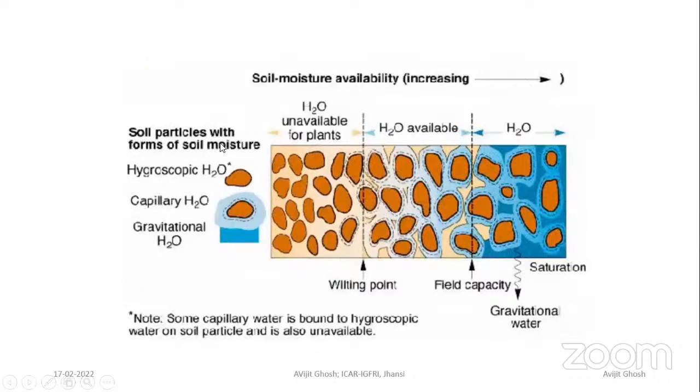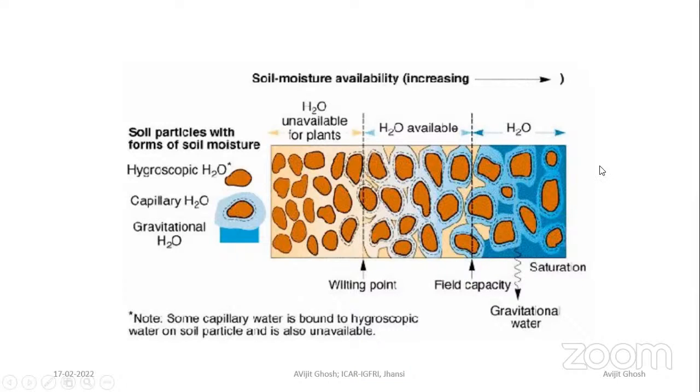Now, the concept of soil moisture availability: it increases as the soil water content increases from hygroscopic point to the field capacity, beyond which again the soil water is not available because all pores are saturated with water.